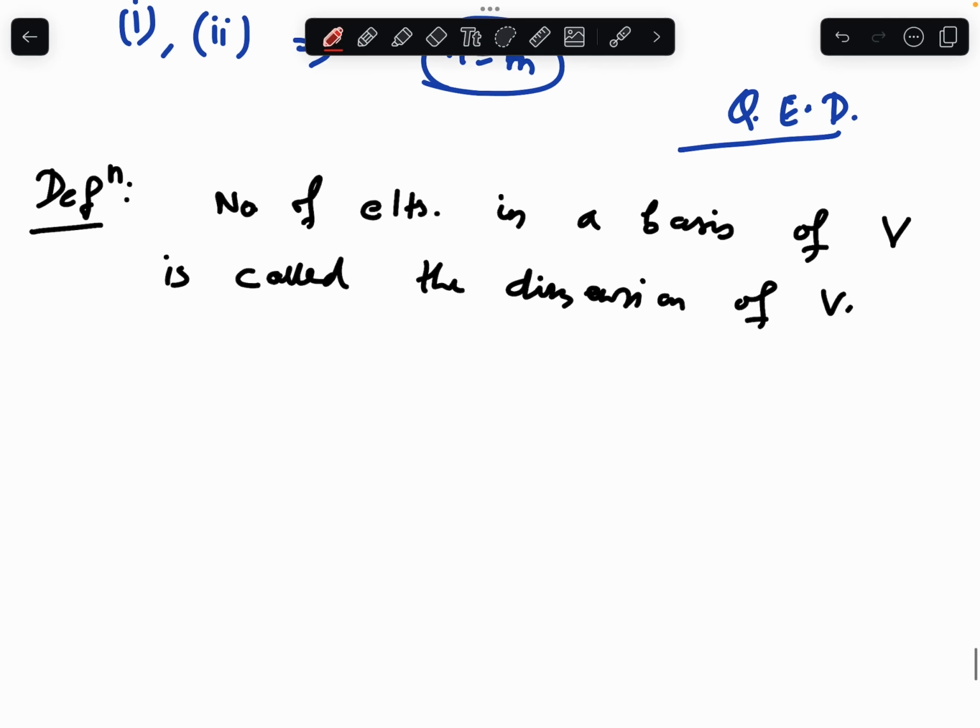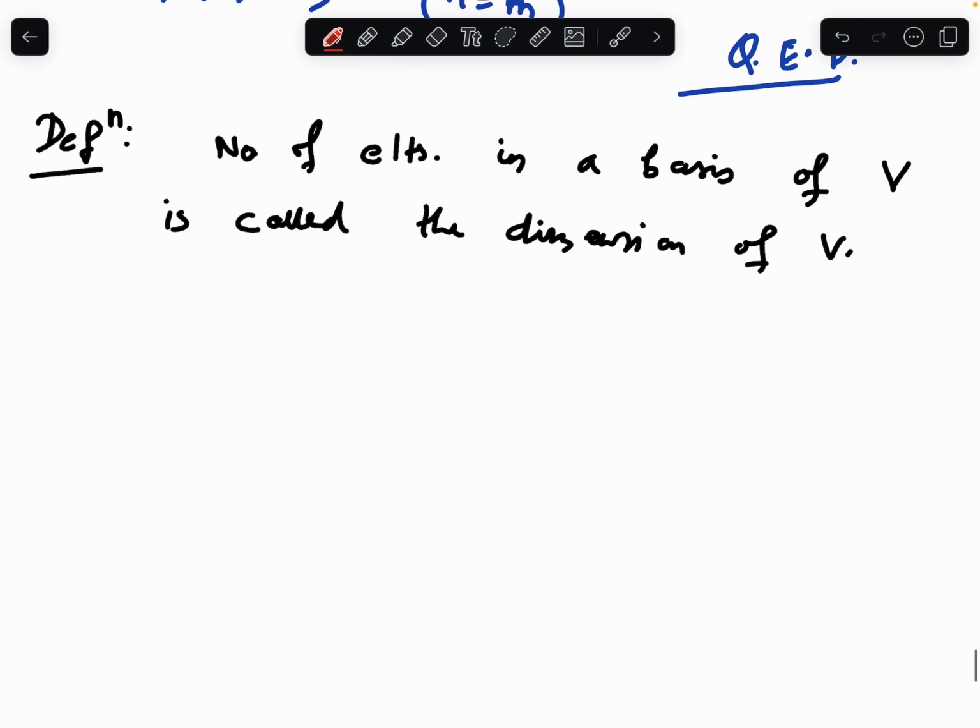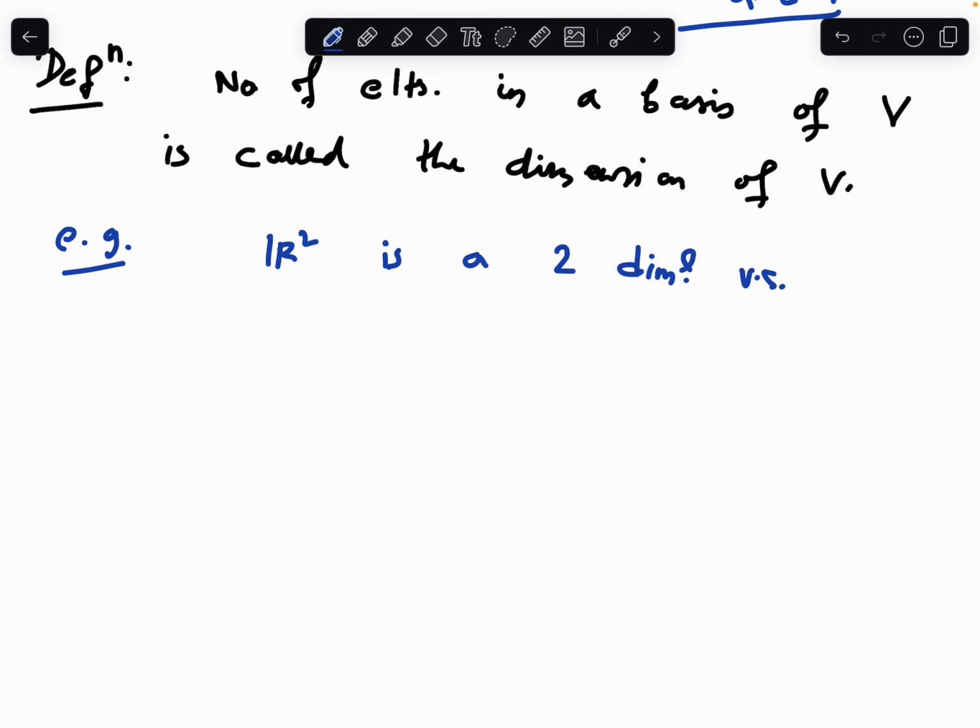So let's end it with some examples of dimension and then we'll continue in our next video. R2 is a two-dimensional vector space. We've been calling R2 a finite dimensional vector space, but now we've become more specific.